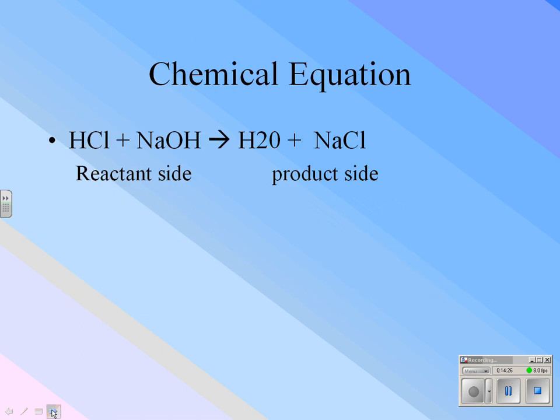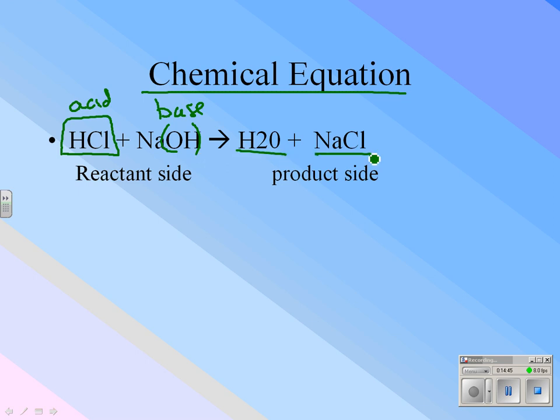Chemical reactions are shown with a chemical equation. So here's a chemical reaction. If we take hydrochloric acid and put in a base, sodium hydroxide, we get out water and salt. These are the things that react together.